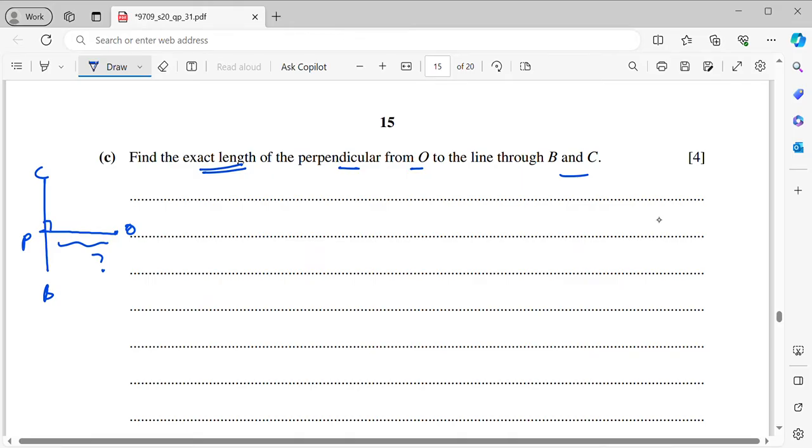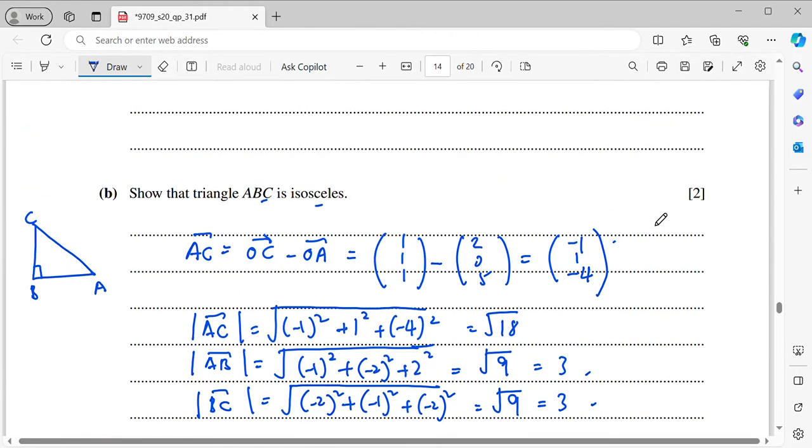Okay, so now line BC, I will write r equals OC plus t BC. So now my OC is 1 1 1.